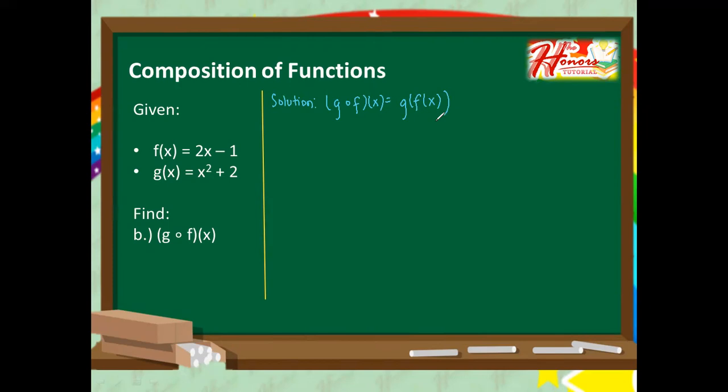You have to look for the value of g, and that is x squared plus 2. And then please use the value of 2x minus 1 to replace x. So it will become the quantity of 2x minus 1 squared, because we have here our exponent, plus 2.